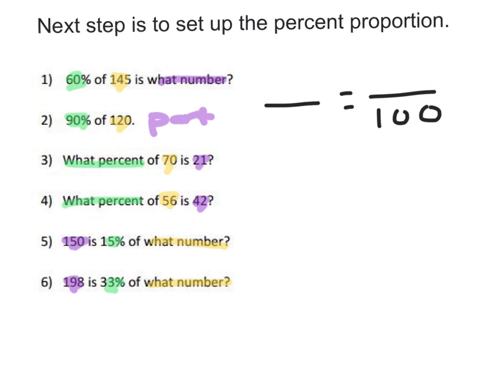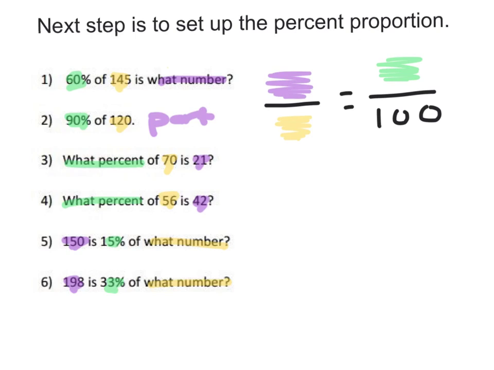That it'll always look like this as a template. We have our part, is the value that'll go here. Remember, part over whole. So my whole value will go here, and my percent will go above the 100. Part over whole equals percent over 100.